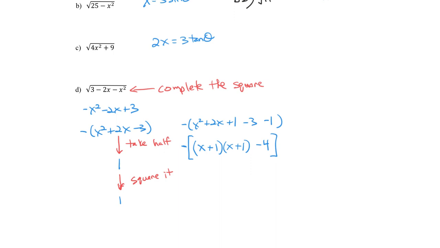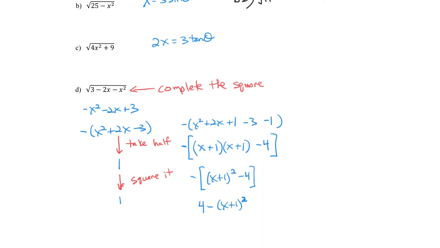And then this is just the same as negative x plus 1 squared minus 4. And just to make it easier to work with, I'm going to distribute the negative through, and that'd make it a positive 4 minus this. So if you distribute the negative through, we'll get 4 minus x plus 1 squared.